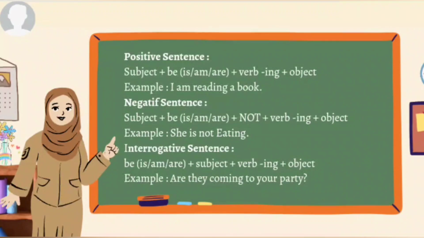In a negative sentence: subject plus be (is, am, are) plus not plus verb plus object. Example: she is not eating. In an interrogative sentence: be (is, am, are) plus subject plus verb plus object. Example: are they coming to your party?